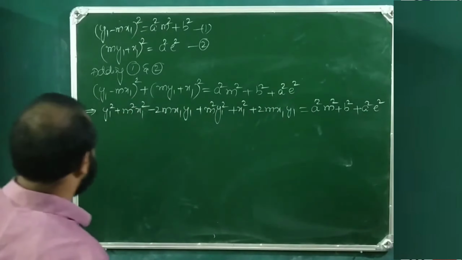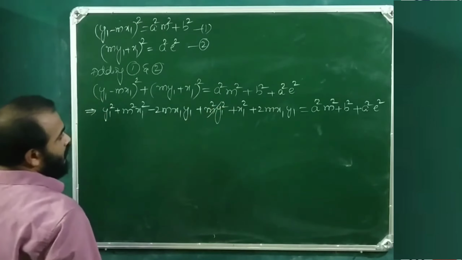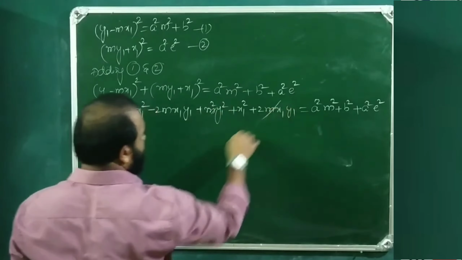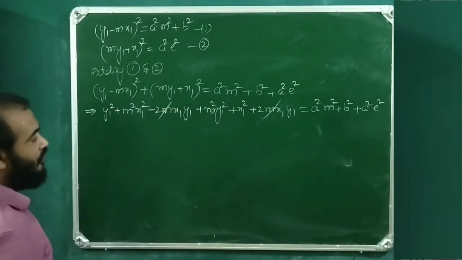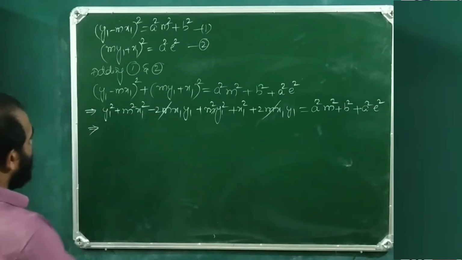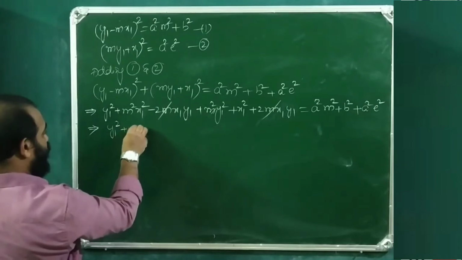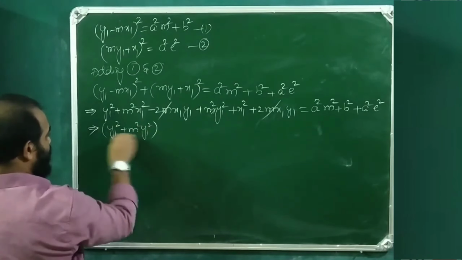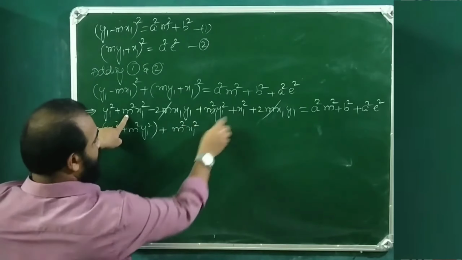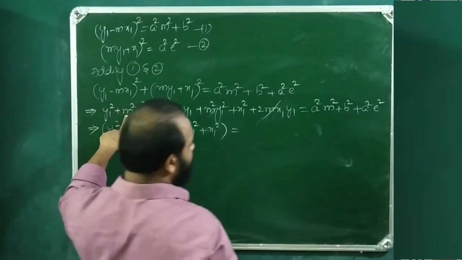Expanding, this is y1 square plus m square x1 square minus 2mx1y1, plus m square y1 square plus x1 square plus 2mx1y1. The 2mx1y1 terms get cancelled. So this is y1 square plus m square y1 square plus m square x1 square plus x1 square.